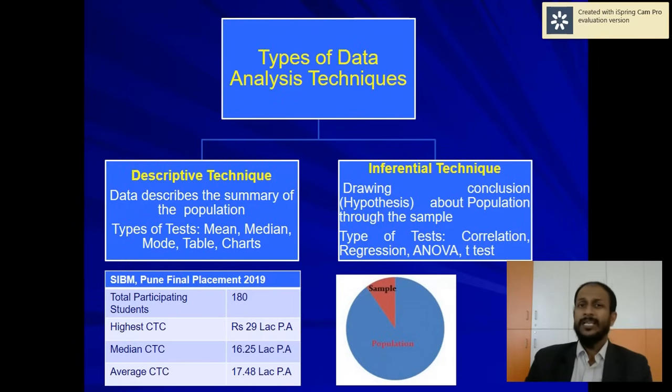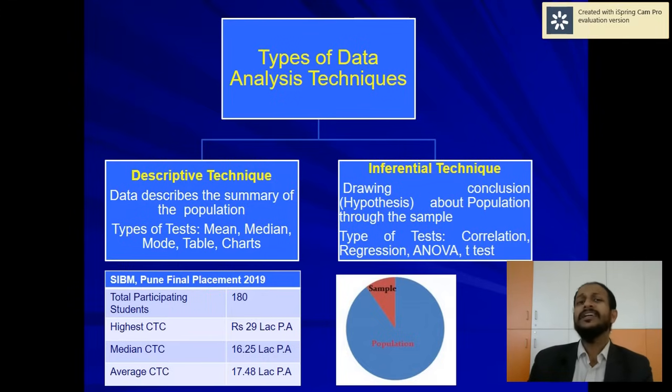Let me give you an example. In the slide that you can see, I have shown you the placement statistics of SIBM B School in Pune, wherein you can see that almost 180 students have attended the placement, out of which you can see the highest placement figure is 29 lakhs per annum.